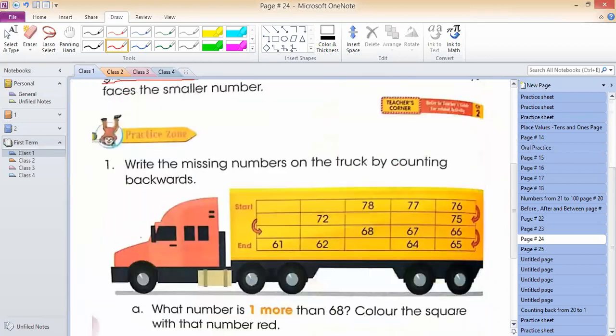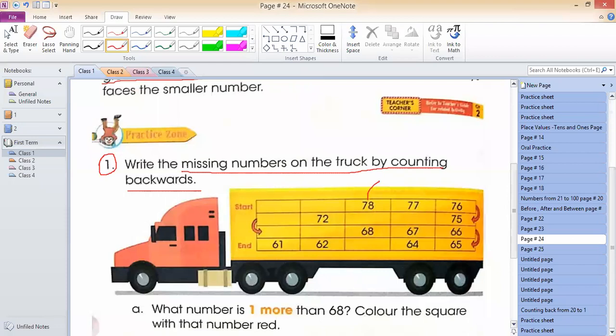Now, guys, we come to the practice zone. Question number 1. Write the missing number on the track by counting backwards. What you have to do, guys, is count backwards. Okay. So I will start counting back from 78.